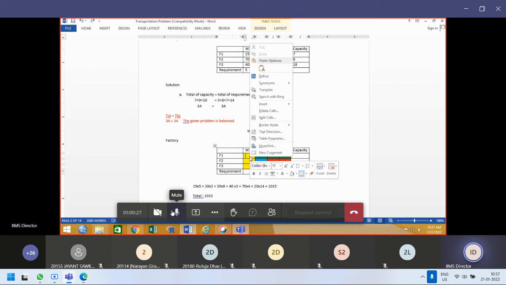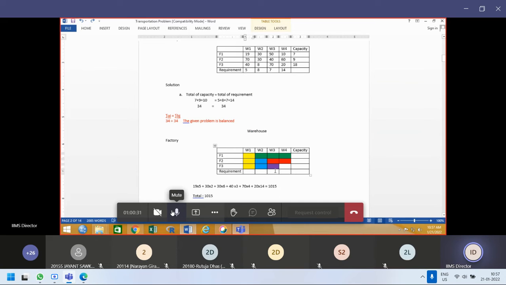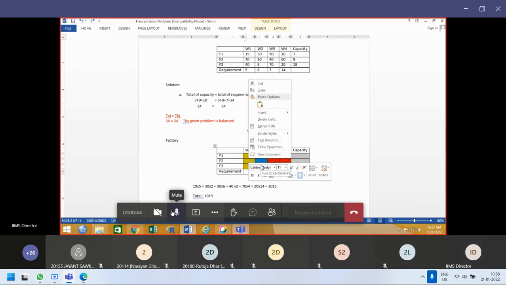Wait for 5 minutes. Yes, right, selected. Right click. Smaller.